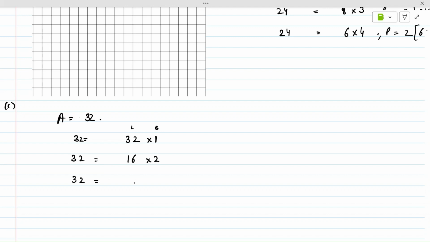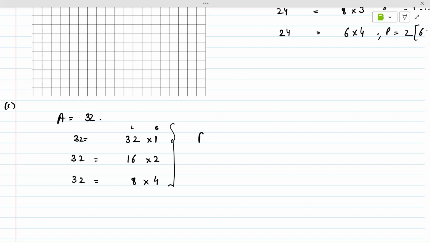We have 4. So we have 8 into 4 here. Right? These are 3. After that, 4 is a factor, 5 is not a factor, 6 is also not a factor, 7 is not a factor, 8 we have already covered. So these 3 are the only different rectangle measurements we can have here.